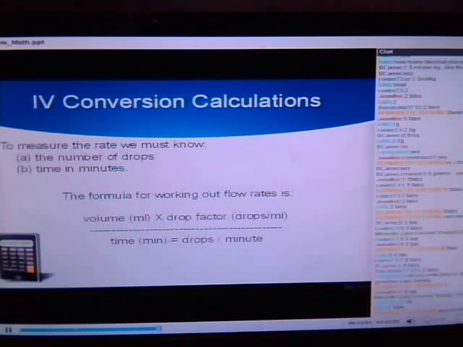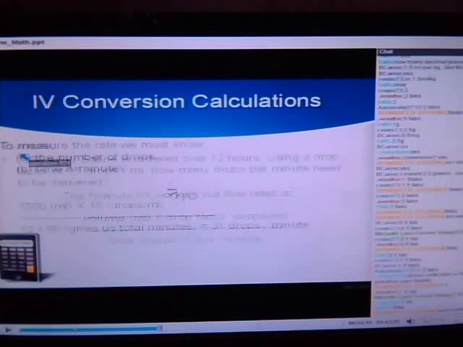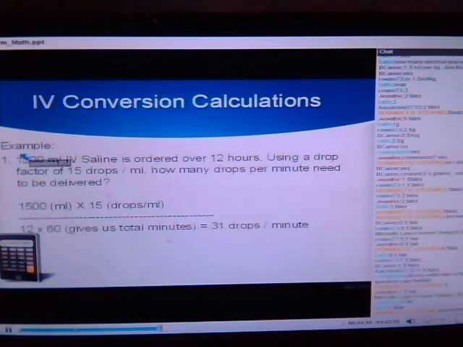All right, here's our first example. We have 1,500 milliliters of IV saline ordered over 12 hours using a drop factor of 15 drops per milliliter. How many drops per minute need to be delivered?